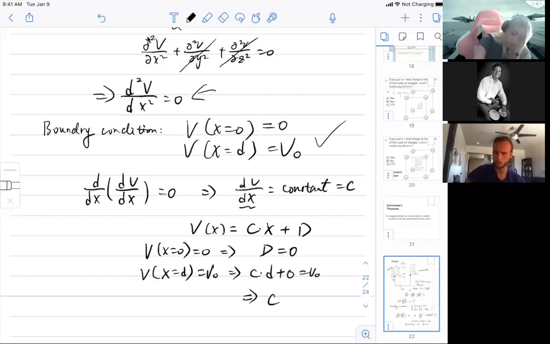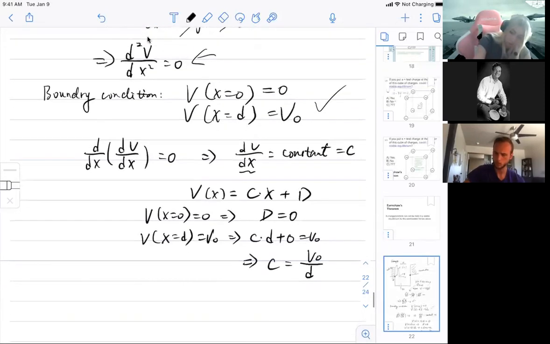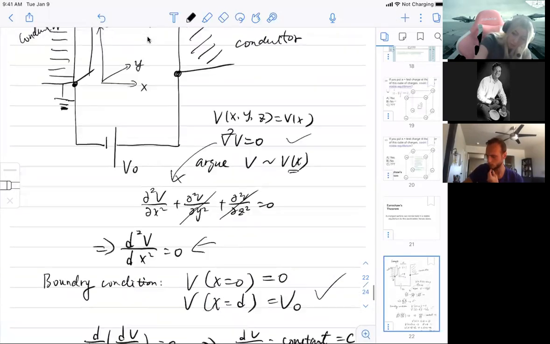And that tells us what this constant is. c is V naught over d. Okay, so I've solved my 2 constants. The potential in the middle is simply V naught over d times x. And that's it. This is my potential between these 2 conductors.